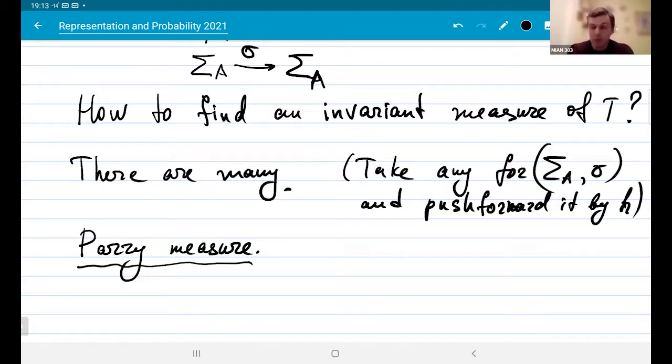But moreover, this is just a small part of the whole space of invariant measures for this set, because for example, you can consider much more complicated measures. You can take what is called a Markov chain of some order.